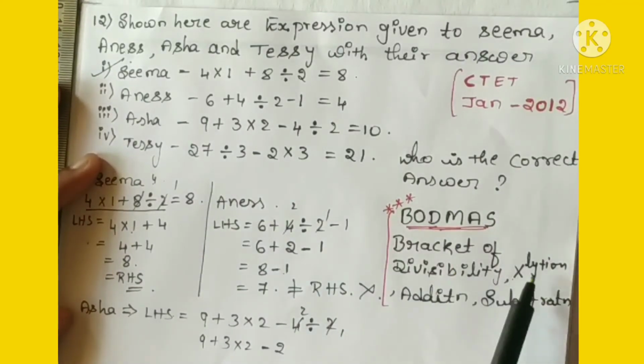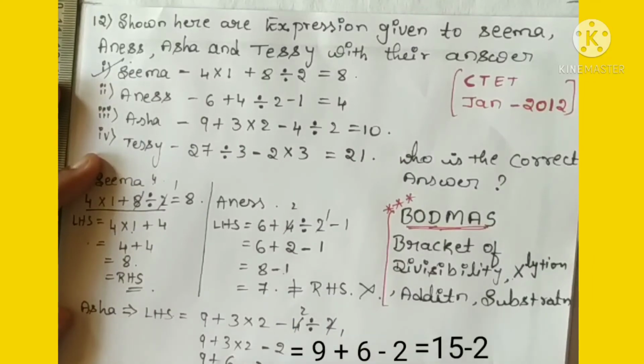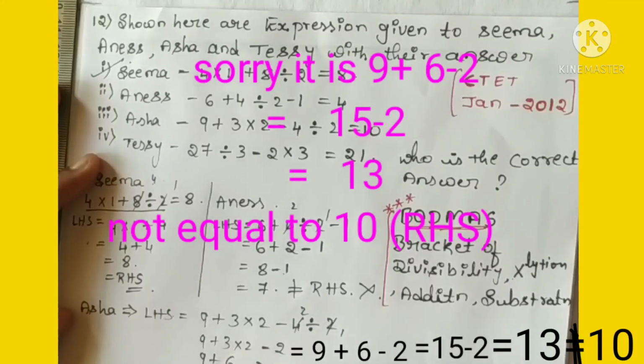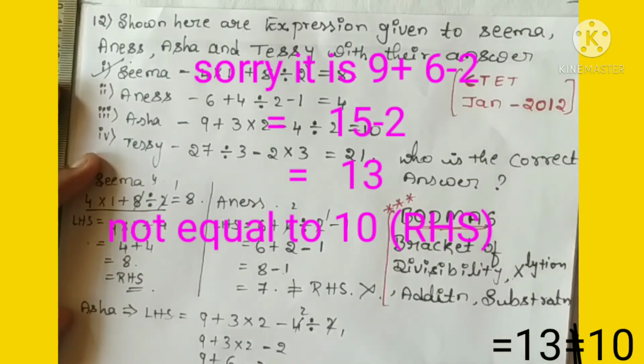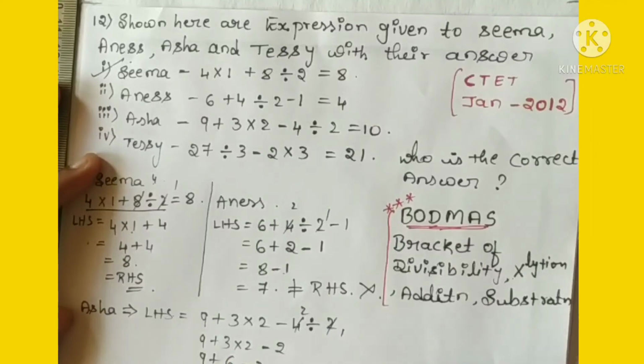Then we go for multiplication, that is 9 as it is, 3 twos are 6, minus 2. Then we go for addition. 9 plus 6 is 15, minus 2, which is equal to 13. But the answer is 10, so it is not equal to RHS. So this is also a wrong option.